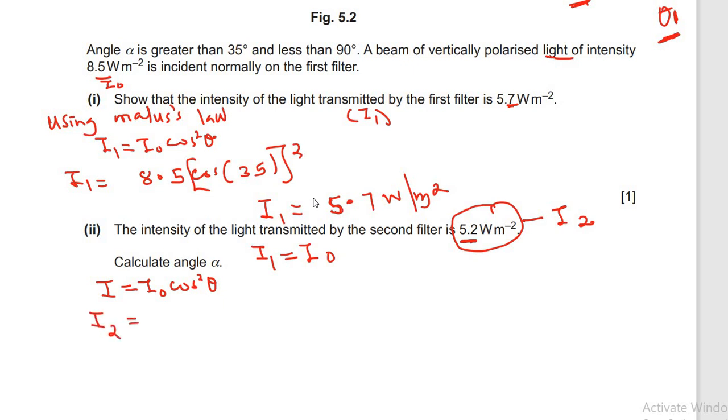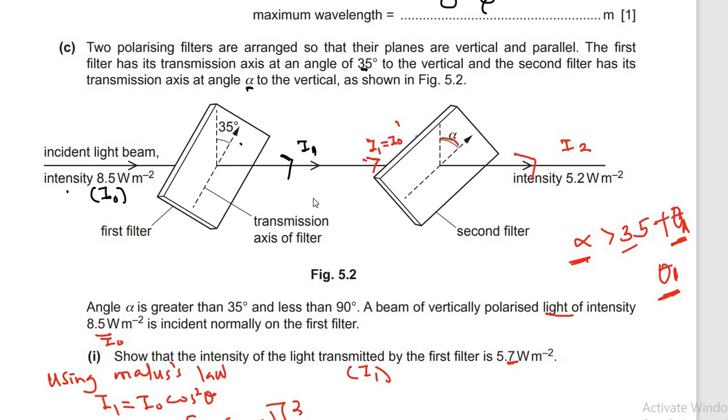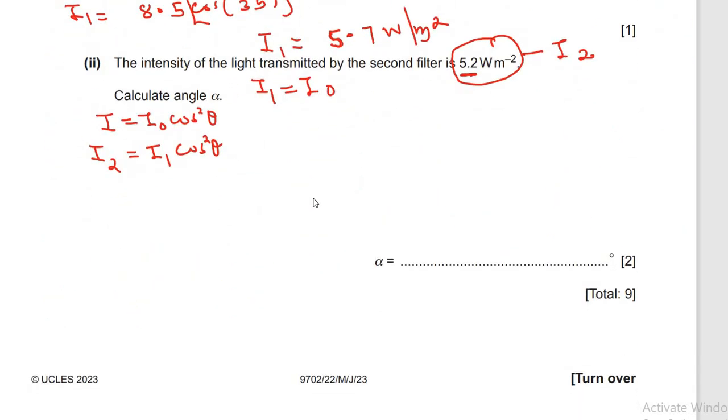The incident intensity for the second filter is I1, so I2 is I1 cos squared theta 1.